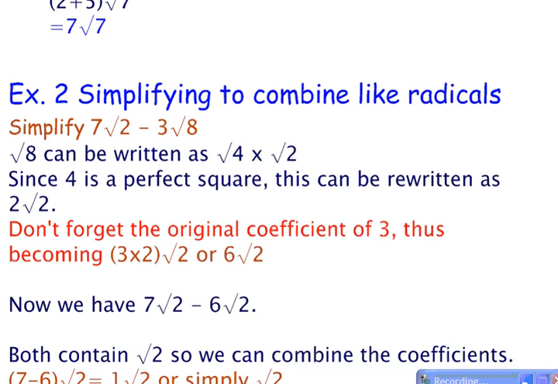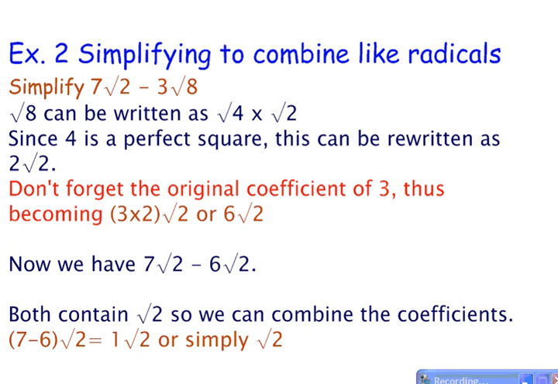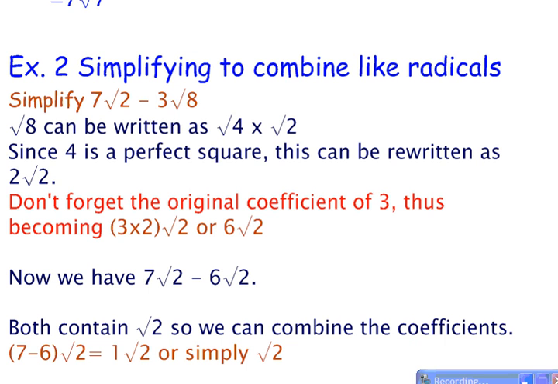In example 2, we're going to simplify to combine like radicals. Our problem is 7 radical 2 minus 3 radical 8. Okay, as we examine, we have 2 different radicals, so we can't add them or subtract them just yet.